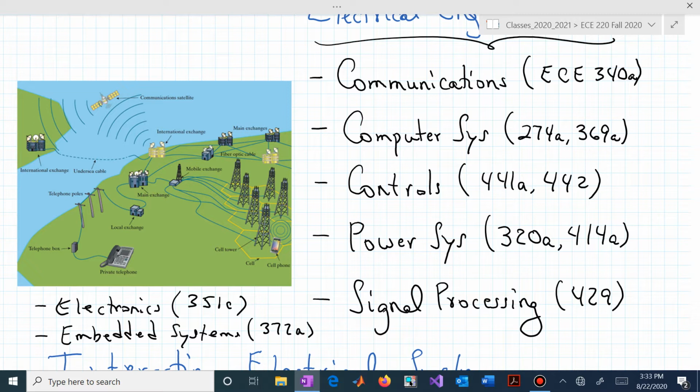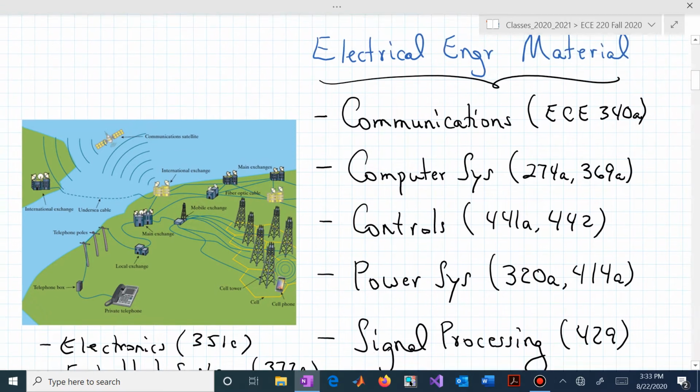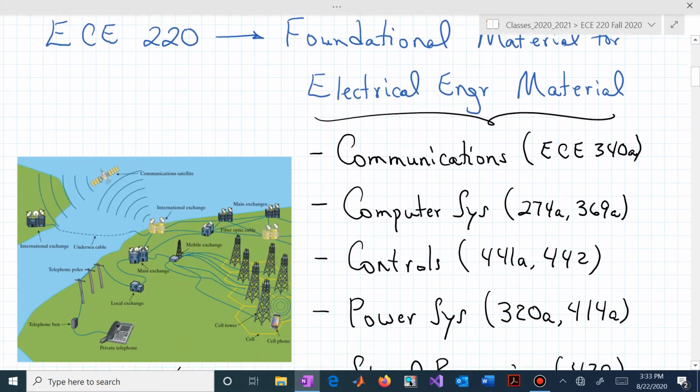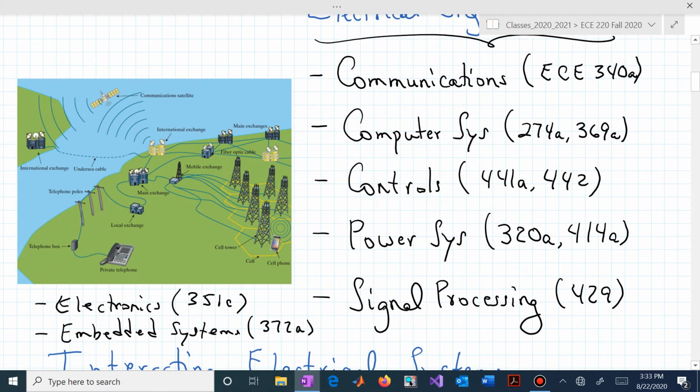ECE 220 is a big class. It has lecture components and lab components, and it also deals with your homework assignments from the textbook chapters 1 through 9.